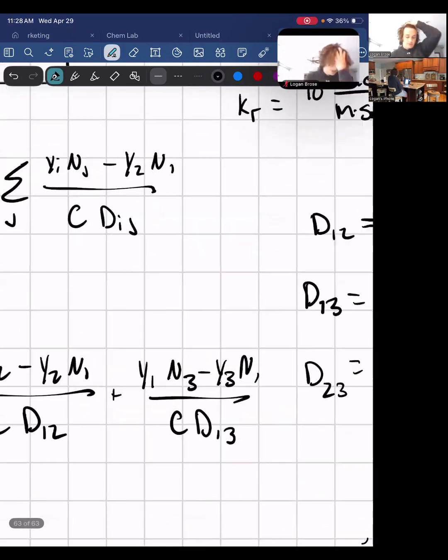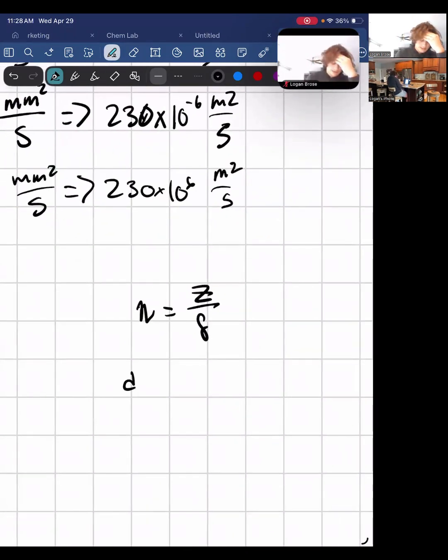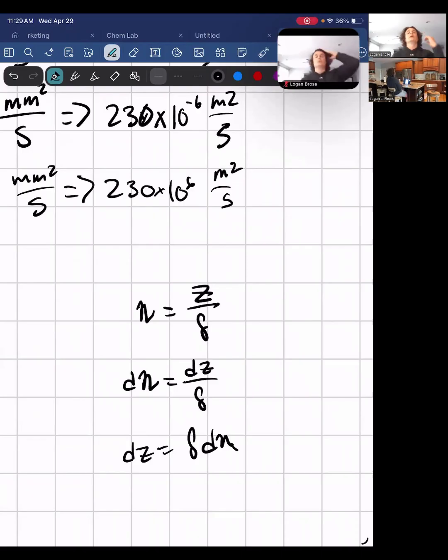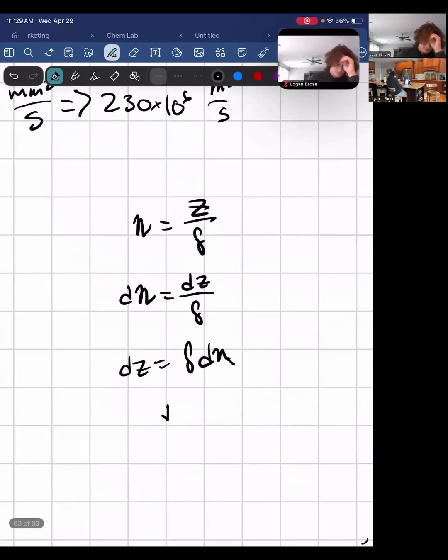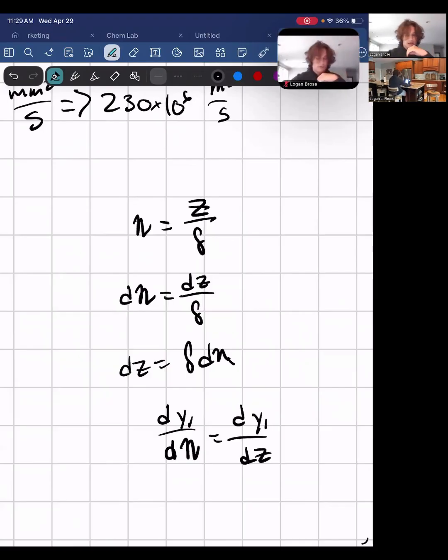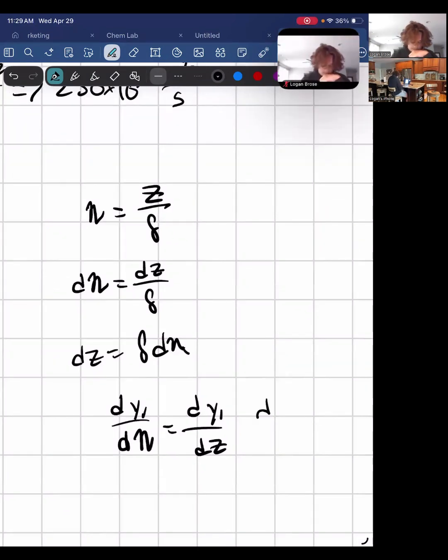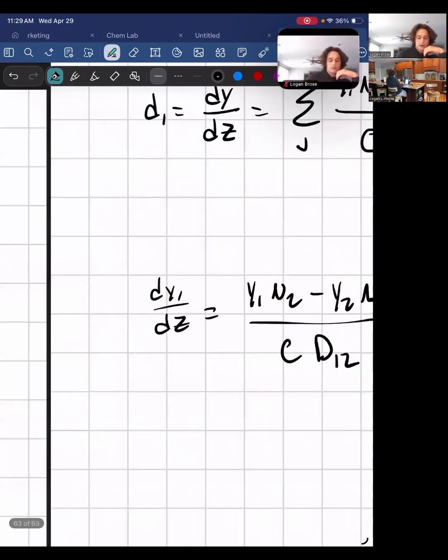So from here, we take the derivative, we get d eta equals dz over delta, which gets dz equal to delta d eta, which we then can turn into a more usable form of dy1 over d eta equals dy1 over dz multiplied by dz over d eta. dz over d eta, that's just our delta, or our factor here.